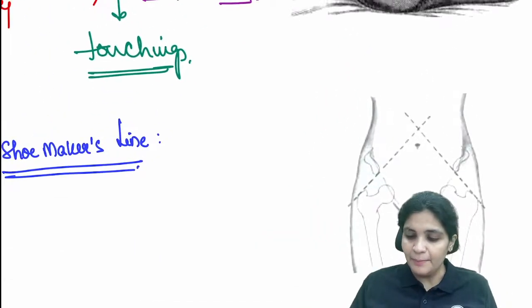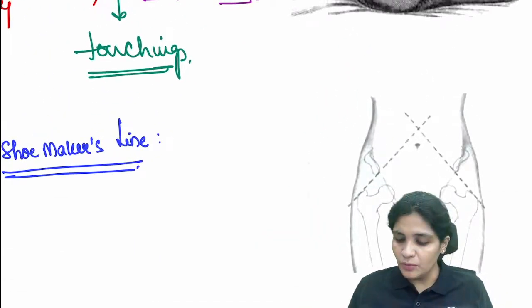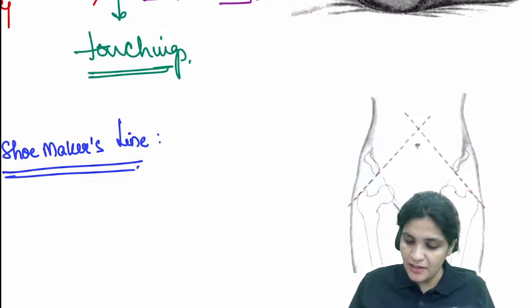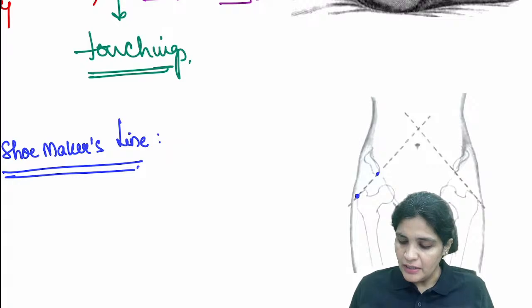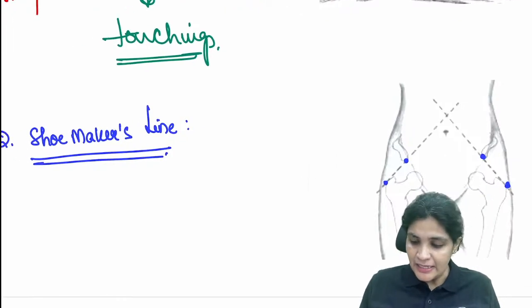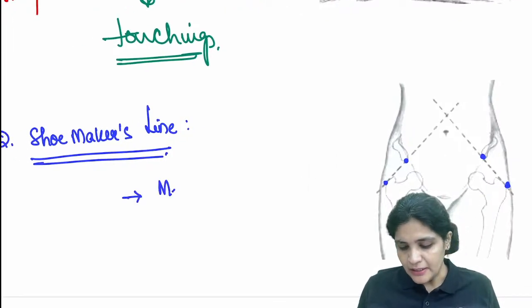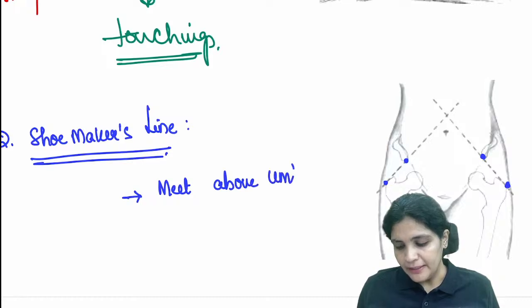It is again a comparison. Here you take the tip of the GT and the anterior superior iliac spine, on each side. When you draw both the lines, they should meet above the umbilicus in the midline.